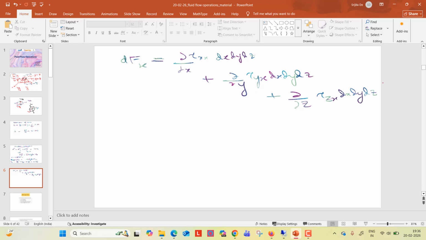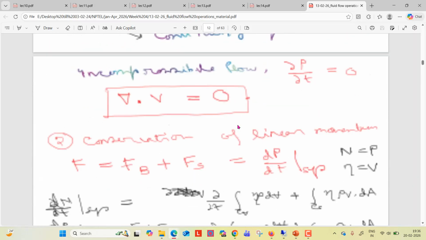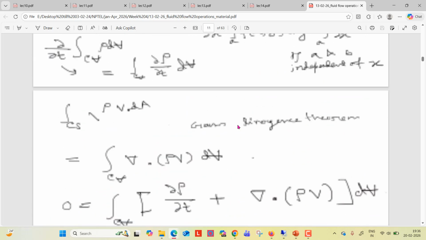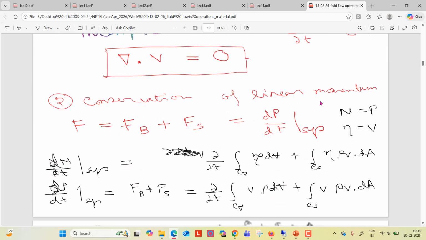Now, if you combine all these forces in the momentum balance equation, this is the conservation of linear momentum, right?